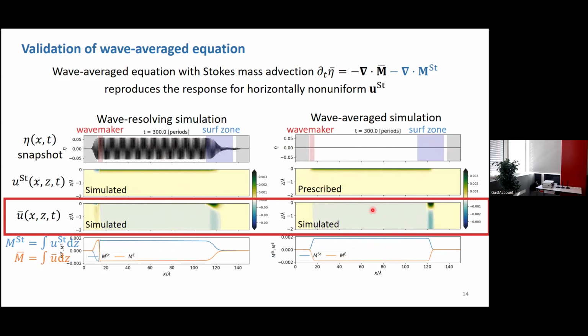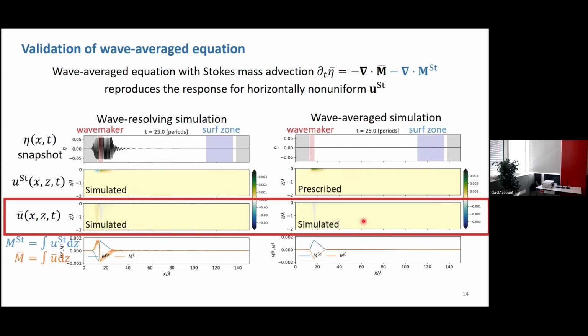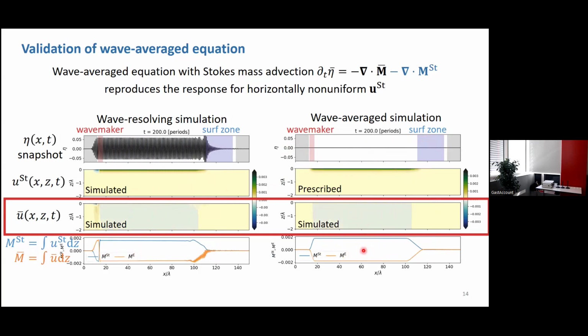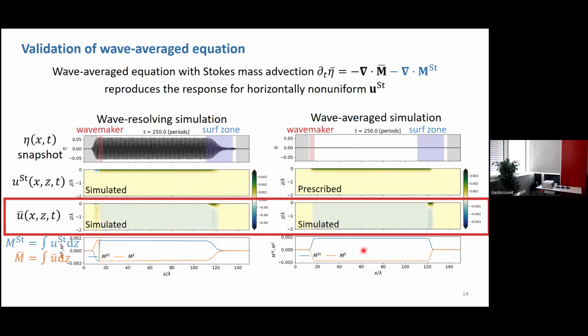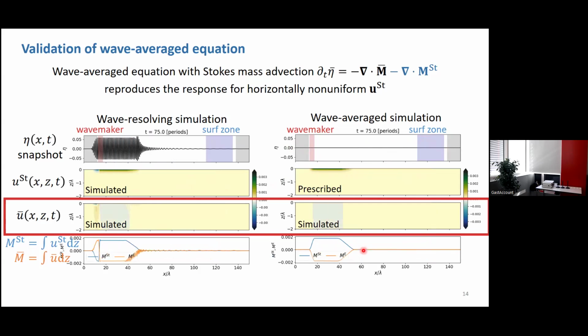Here I'm looking at the response in the Eulerian current, and we can see that the wave-averaged simulation reproduces the response in both a quantitative and qualitative sense. Can you say something about the velocity Stokes?